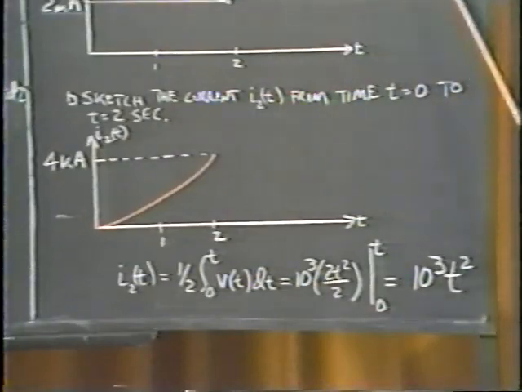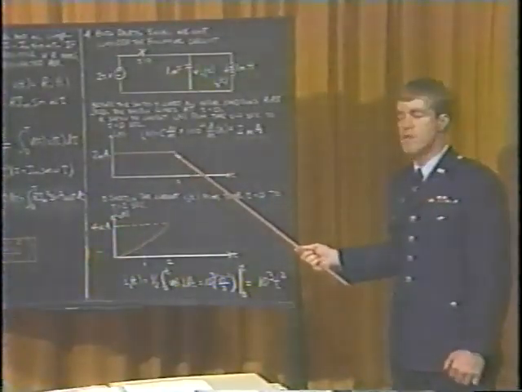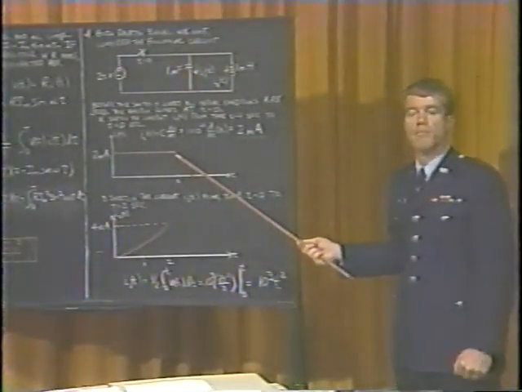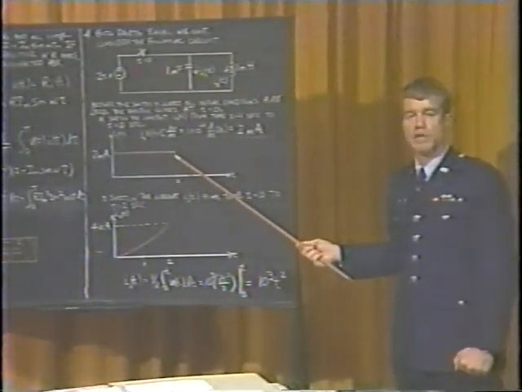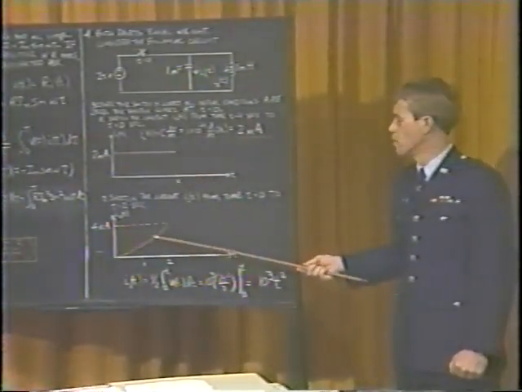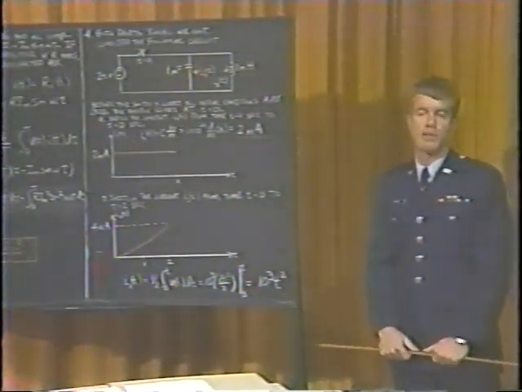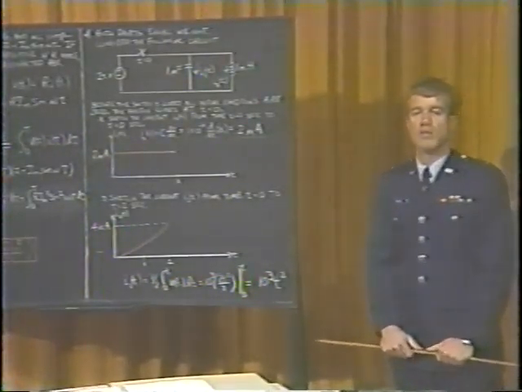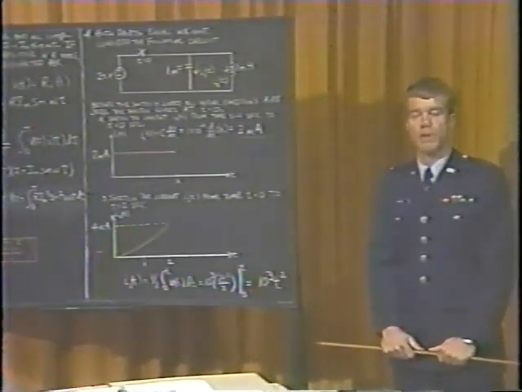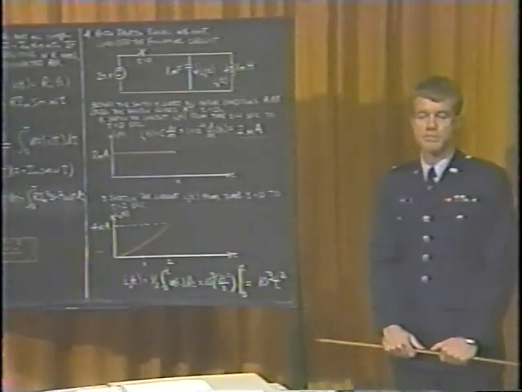So for the two devices, we're given the same voltage across them, and using our input-output relationships for the inductor and the capacitor, we've been able to decide on what the output must be for both devices. In this case, it was current.